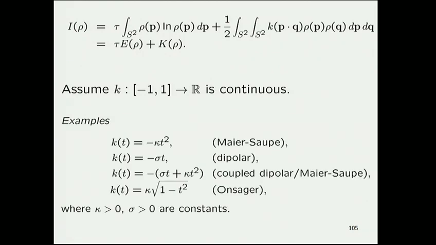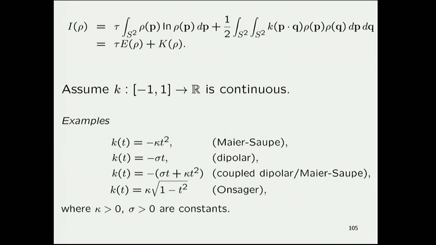And so here are 4 kernels that I will consider. The first is the Maier-Saupe kernel that we discussed last time, and that's what we used to get the singular potential. And then minus a positive constant times t, k of t, that's the so-called dipolar potential.